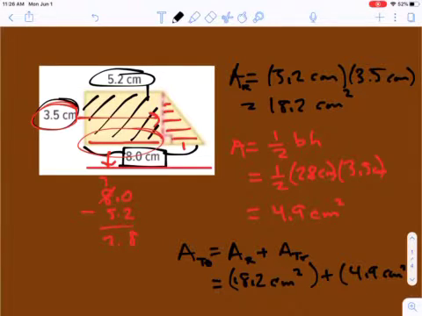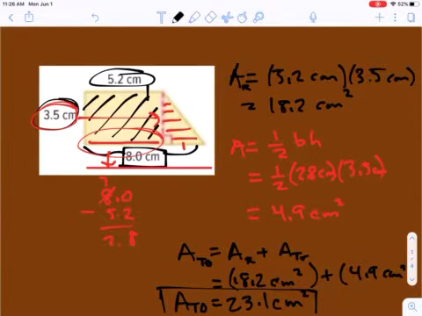You just add them up: 18.2 plus 4.9. Well, 18 plus 4 is 22, and 0.2 plus 0.9 is 1.1. So I would have 23.1 square centimeters if I add them all up, and that is my total area of this entire composite shape.